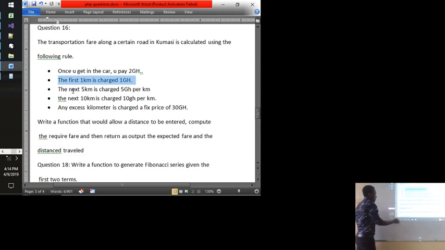Does it make sense? So point C, and then here will be 5 kilometers, and then here you will pay 5 Ghana each per kilometer. Yeah, so per kilometer. Then the next 10 kilometers.